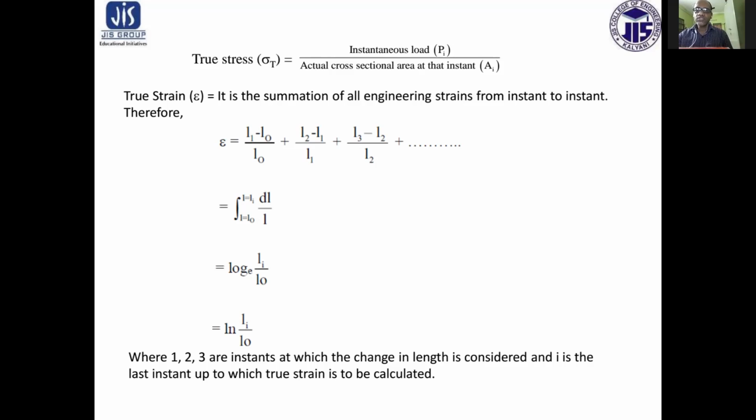So it may be said to be the summation of delta L by L from L0 to Li. We can find it is ln of Li by L0, where 0, 1, 2, 3 are the instants at which the change in length is considered, and i is the last instant up to which true strain is to be calculated.